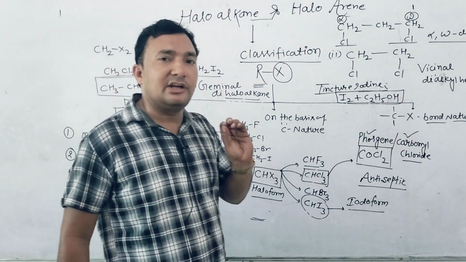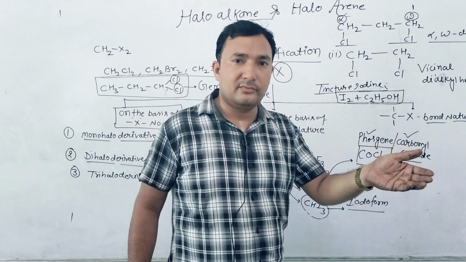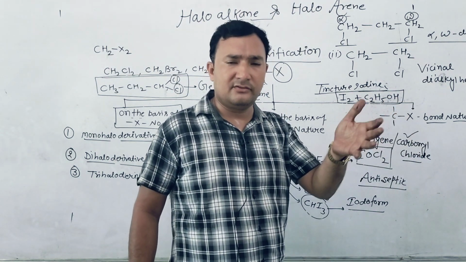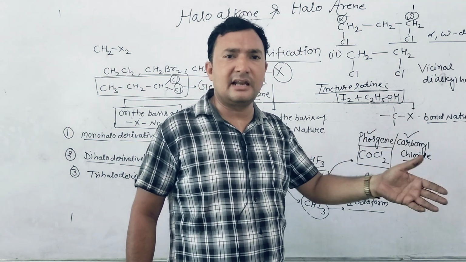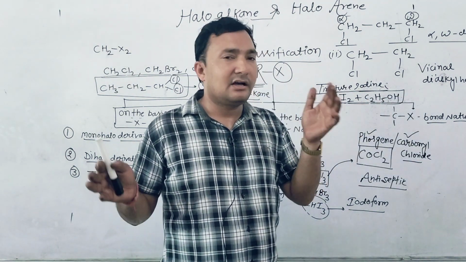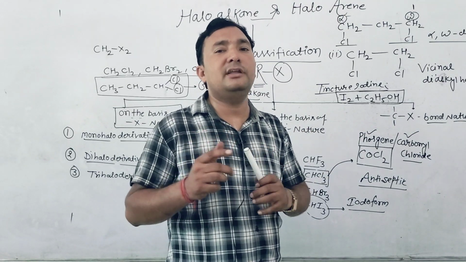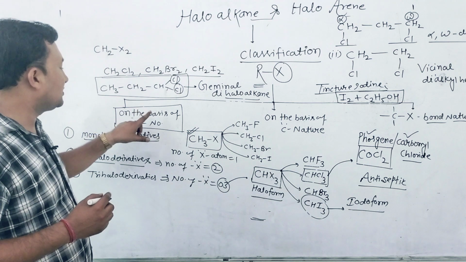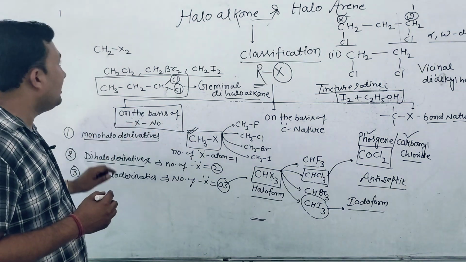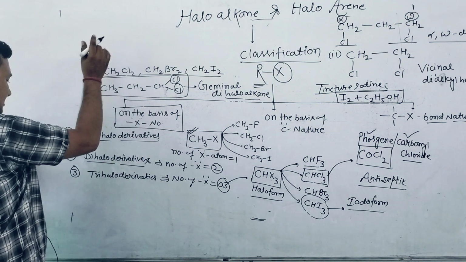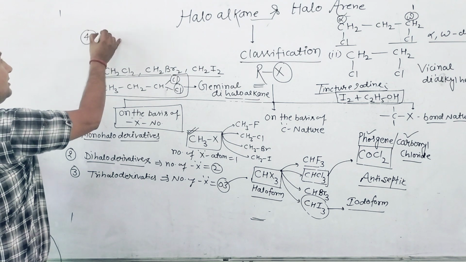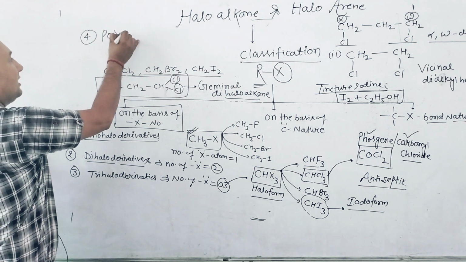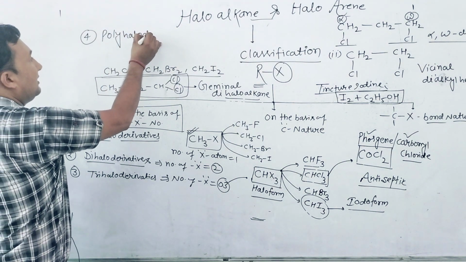If the number of halogen atoms becomes more than 3, then we can go with other names like tetra, penta, hexa, but conjointly we call them polyhaloderivatives. So the fourth subcategory on the basis of halogen number will be polyhaloderivatives. What is the fourth one? I am writing it over here: polyhaloderivatives.